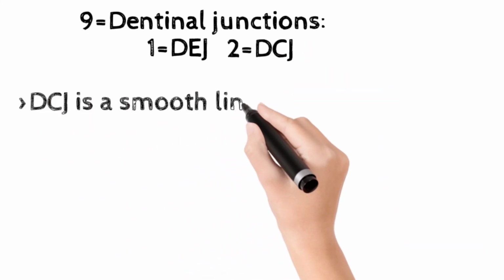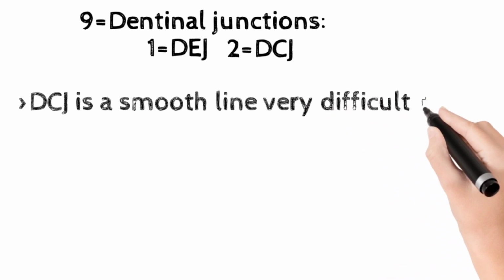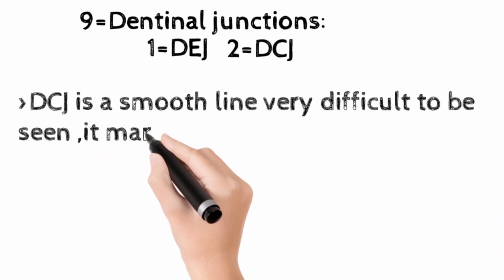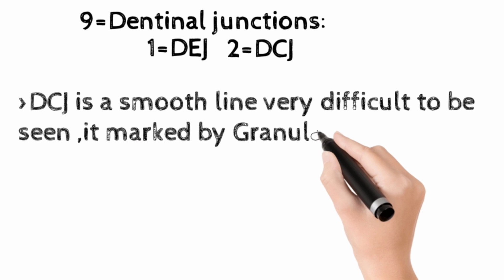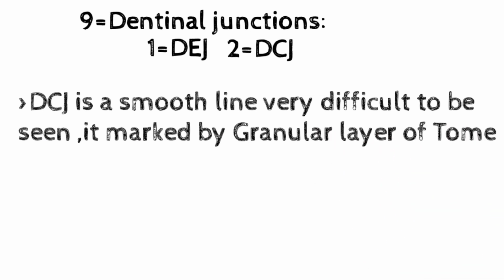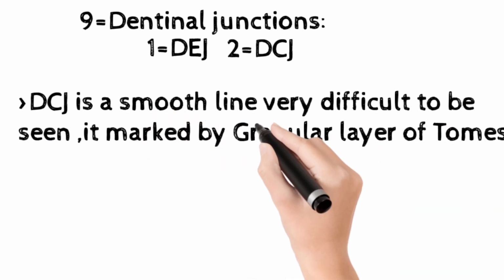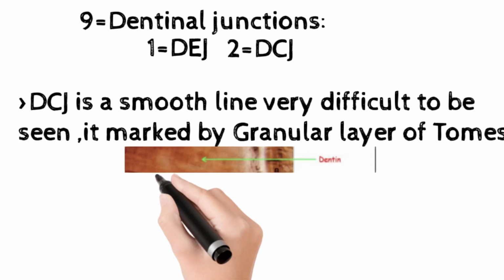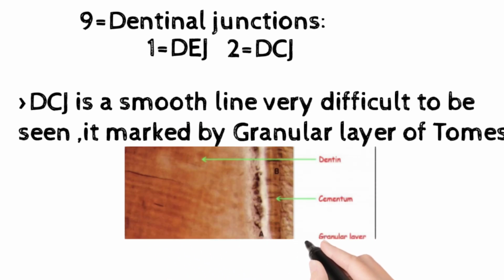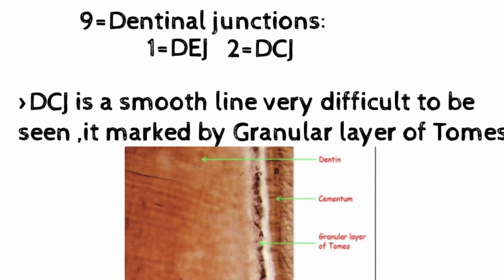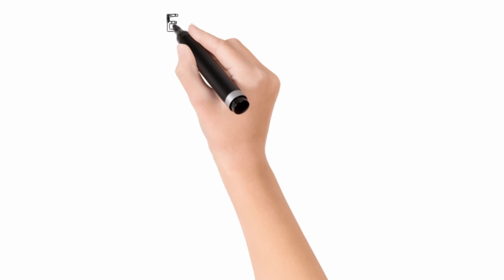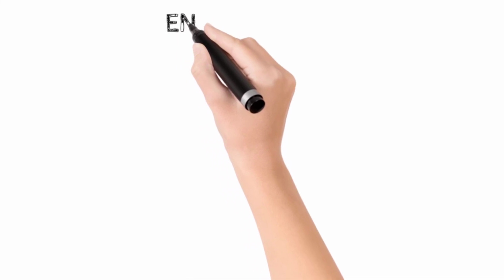Now, the dentocemental junction is a smooth line, very difficult to see. It is marked by the granular layer of Tomes. Again, look at this diagram. The granular layer of Tomes is on the right side of dentine, left side cementum, and at the dentocemental junction there is a granular layer of Tomes. It is actually the dentocemental junction, which is very difficult to see.